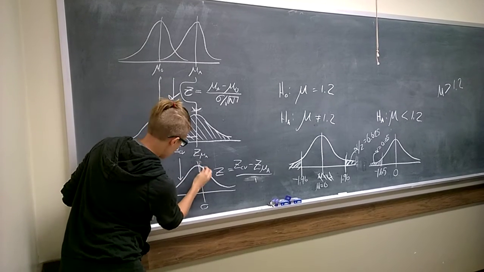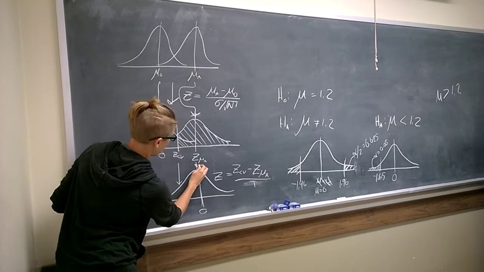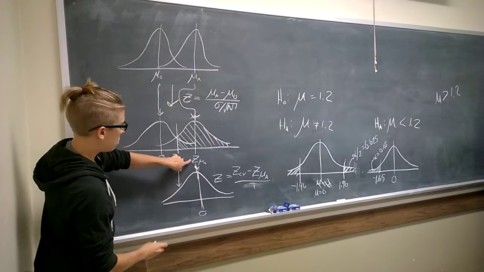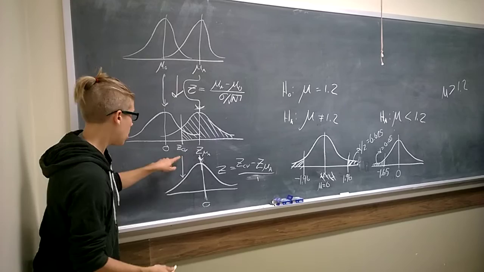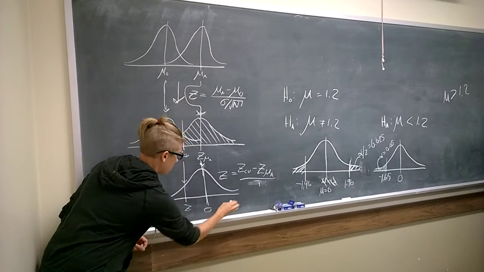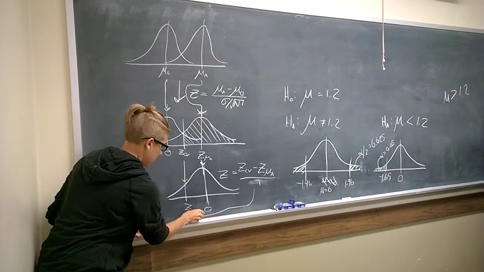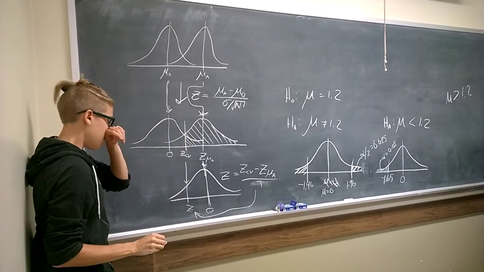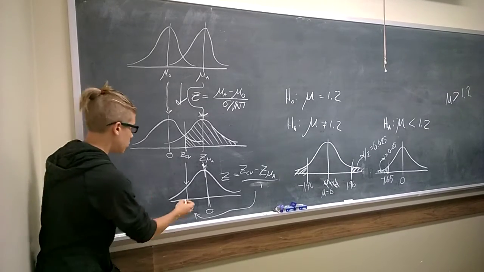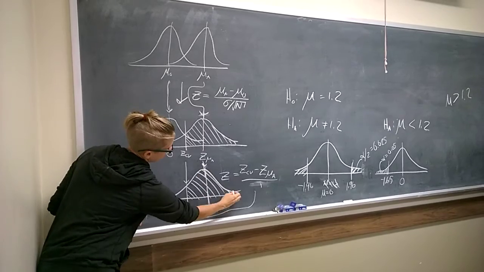I drew that poorly, but that's the center, and this is at 0. So mu A goes to 0, and this critical value is now this Z value here. And then we just look up that area in the Z table.